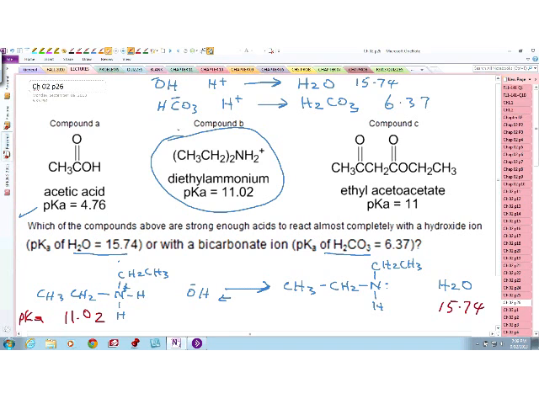So now let us do the same thing with bicarbonate. I take this out. I place bicarbonate in there. And the acid that will be formed will be carbonic acid. What is the pKa of carbonic acid? 6.37, they gave it to us right here.